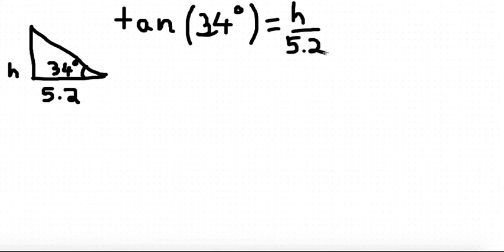To solve for the height, you multiply both sides by 5.2, and the height comes out to be 5.2 multiplied by the tangent of 34 degrees.